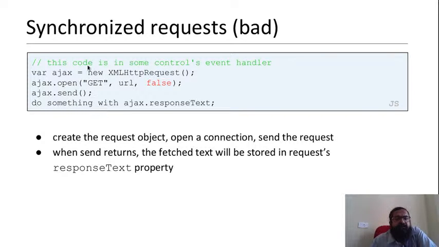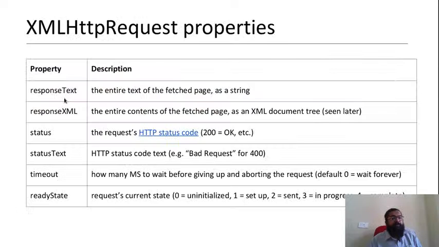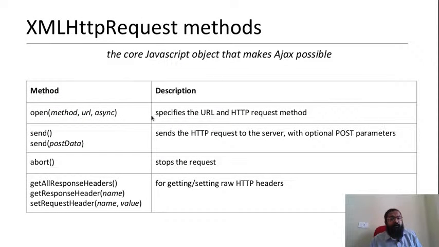And this is a synchronized request. You have a variable Ajax, which is a new XMLHttpRequest. So Ajax is an object now. Now Ajax.open get URL false. So what are the parameters to open? The method, URL, and whether it is asynchronous or not.